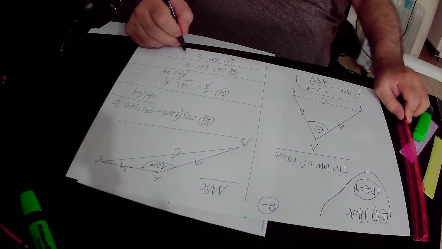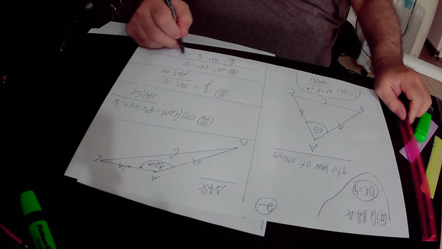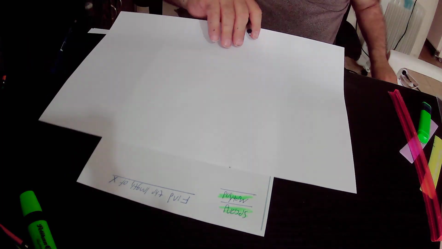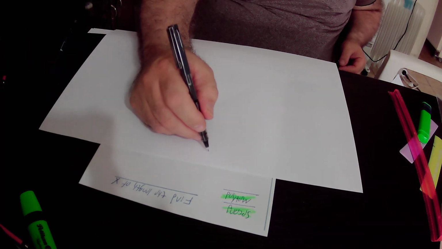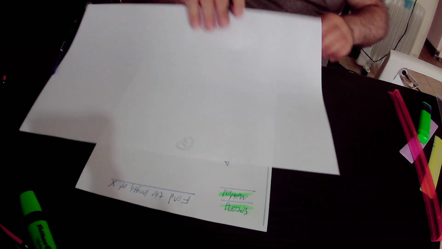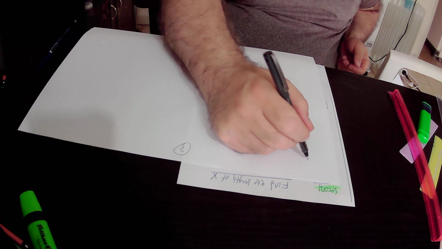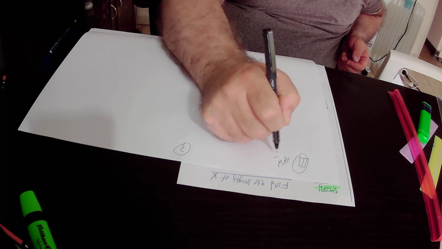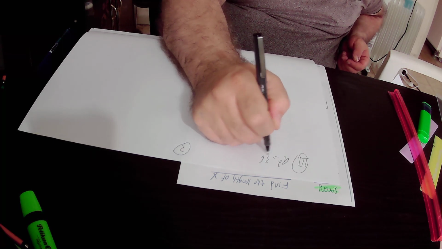Here we will divide equation number 3 by 7, and we get that A squared equals 36 over 7.